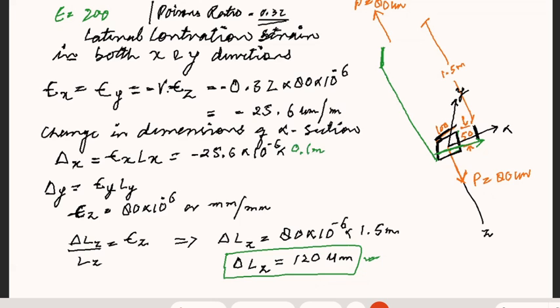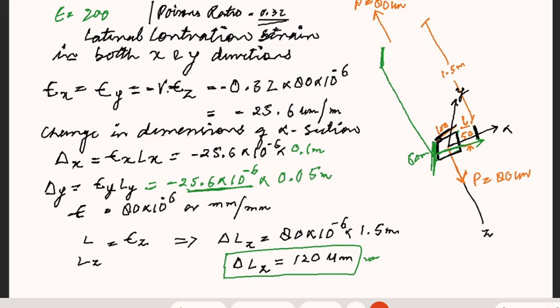And for y direction change, you will be writing minus 25.6 into 10 raised to the power of minus 6, the strain, multiplied by the length in y direction. How much is the total in y direction? It is 50 mm, that means 0.05 meter.